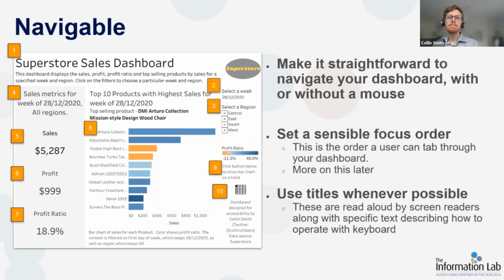While those could be visually appealing and helpful, they're actually really difficult for screen readers to interpret. So however, we can use those default titles that come in our charts, legends, filters, and dashboards, it's better. I'll show you in a moment how a dashboard actually gets spoken by a screen reader.